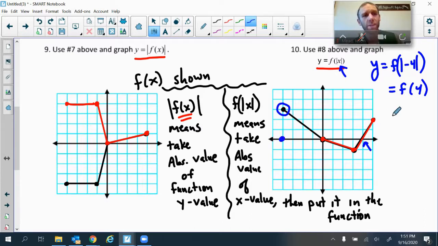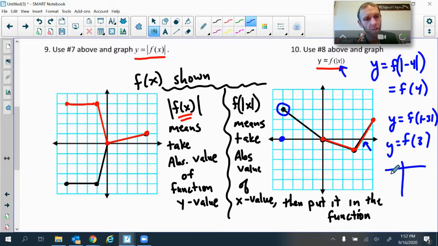What happens if I sub in -3? Well, I end up with f of 3. So f of 3 was -1. So if I'm making a t-table, when I plug in -4, that becomes whatever the function value is at 4, which is 0. -3, when I plug that in, I get whatever the function value was at 3, which is -1.